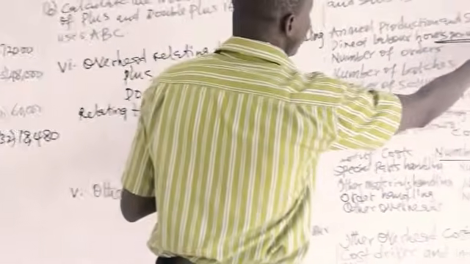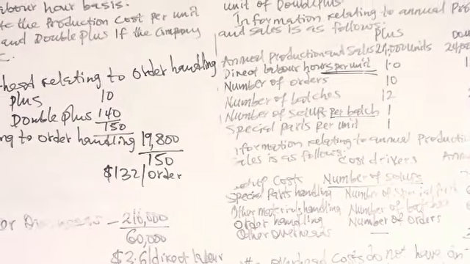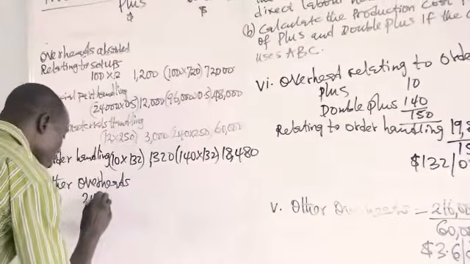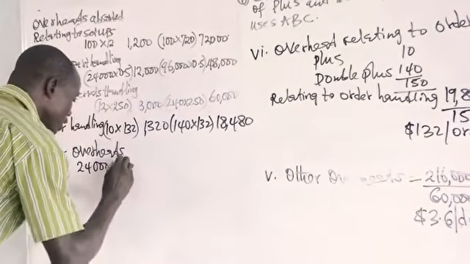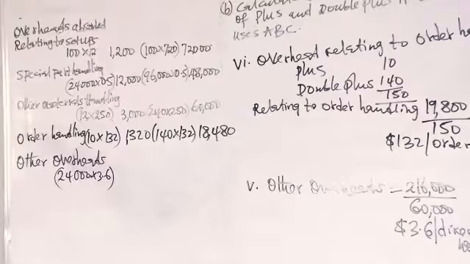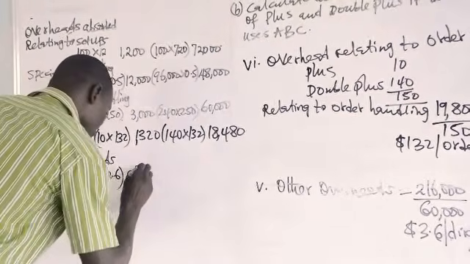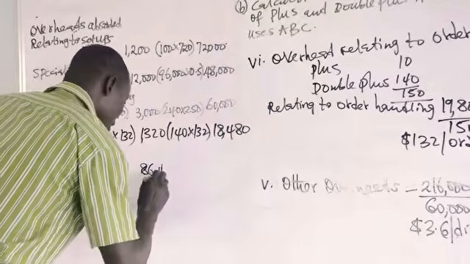And the direct labor hours per unit is 1. 1 times 24,000, that will be 24,000 times 3.6, and that will give us 86,400.